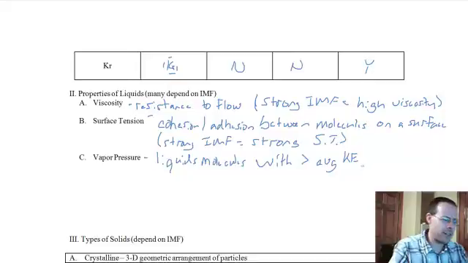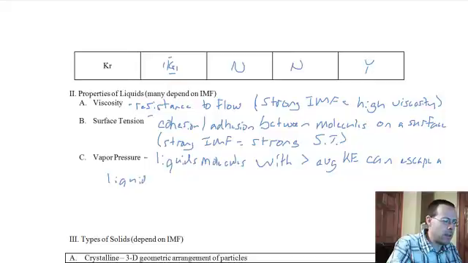Liquid molecules with greater average kinetic energy can escape a liquid and become a gas. So if we were to draw a flask and put a stopper on it, okay, and here's kind of our liquid level right here.